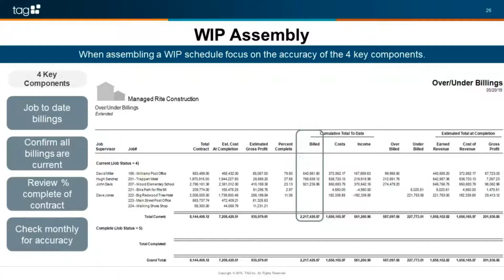That could be a red flag right away of a potential problem, right? Maybe I don't have a billing entered. Or maybe a customer hasn't allowed me to bill for work that's been completed. Without having this information accurate, I won't be able to identify these potential problems or potential issues.